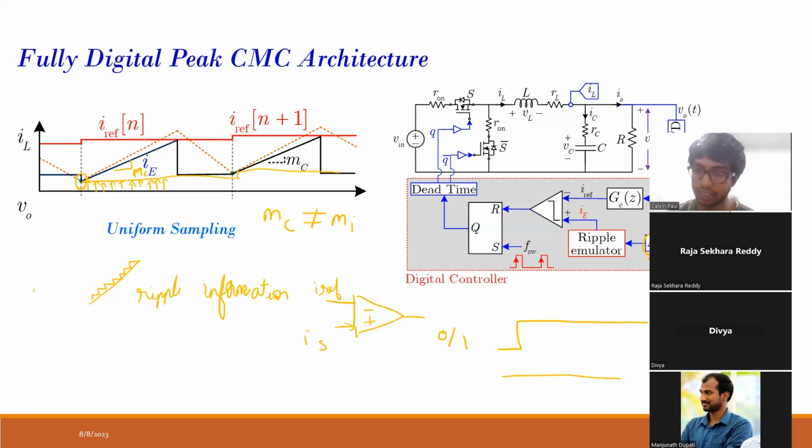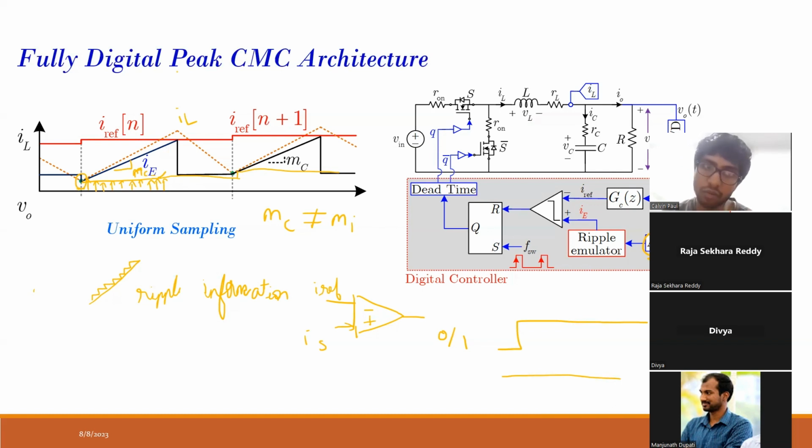But one thing you must understand, the key takeaway, is that the emulated current is not the same as the inductor current. It need not be the same. There are some techniques which use samples of the input voltage, output voltage, etc. to try to emulate it, but it needn't be equal to the inductor current waveform.